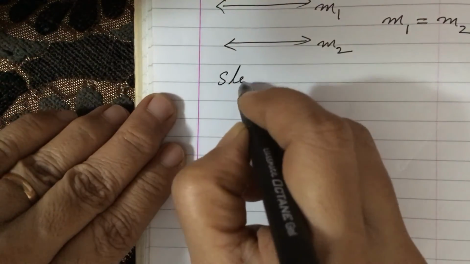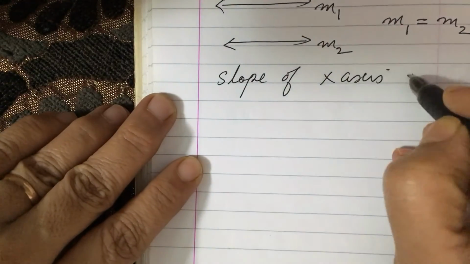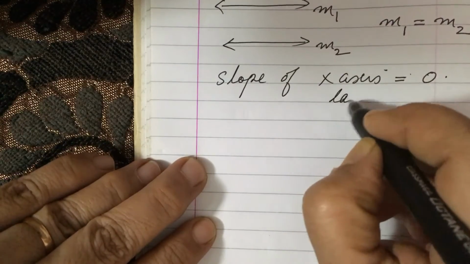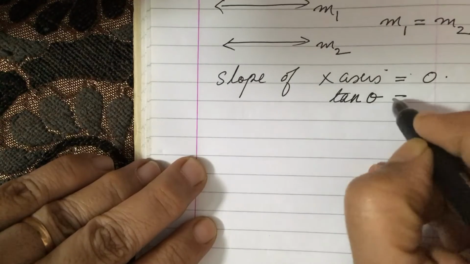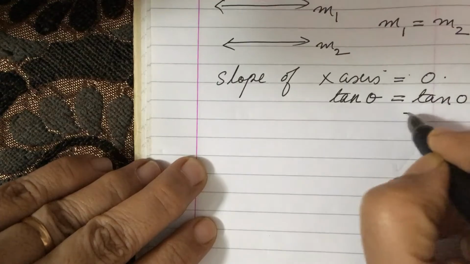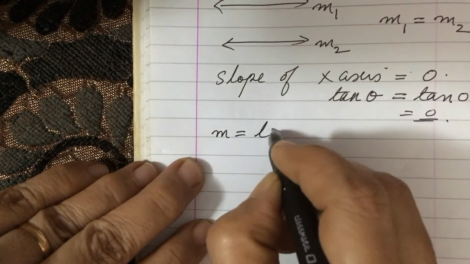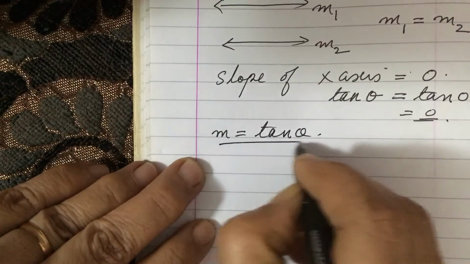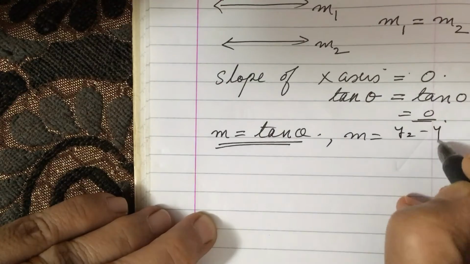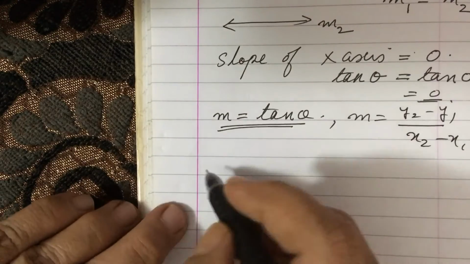And the slope of the x-axis is equal to 0, because by the definition of slope, it is tan theta, and theta is the inclination of the x-axis with the x-axis, so it is 0. So once again I am telling you, m equals tan theta, that is the basic definition of slope, and also m equals (y2 minus y1) by (x2 minus x1) if the line passes through the 2 points.